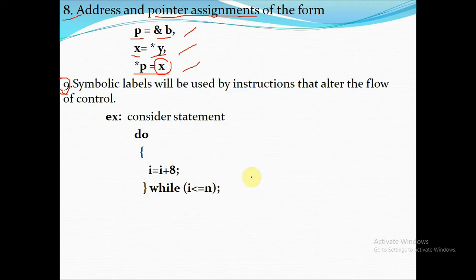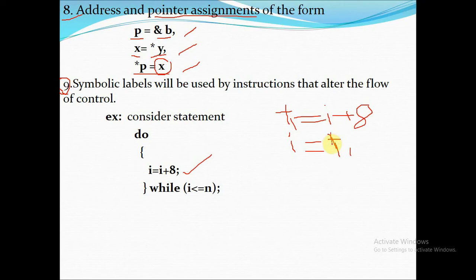So how is this going to be translated into 3-address code? First, write the 3-address code equivalent to i equal to i plus 8. That means T1 equal to i plus 8, next i equal to T1. So this statement is normal.